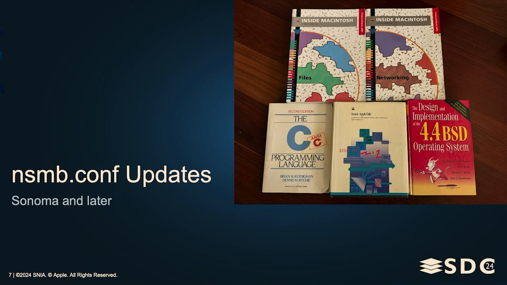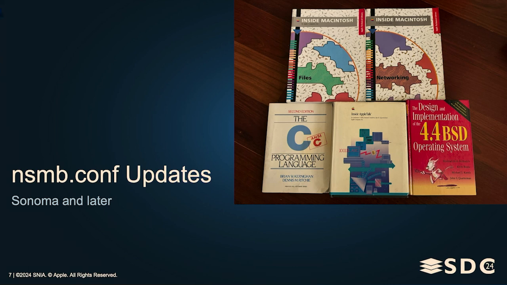So some house cleaning stuff that we did. Just a note on the photo, these are the programming books that I used to use a long time ago. The Inside Mac whole series of books, I forget, there was like 9 or 10 of them. For me, it was the Files and Networking one. Of course, the K&R C book, 2nd edition.